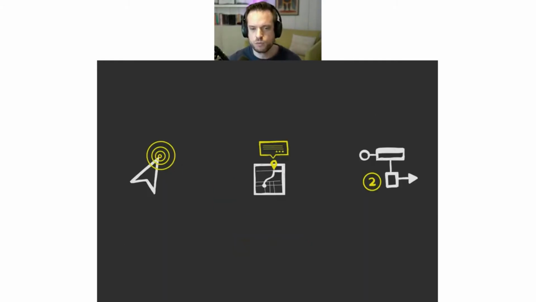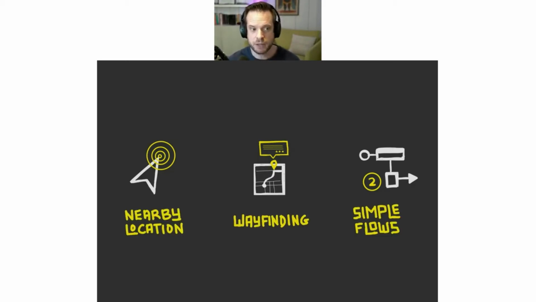So there are really three heuristics that I've come up with that I think make the Google Maps pattern a really great option for a user interface. And that is nearby location. If your application is very location specific and has context around where you are in space and time, then the Google Maps pattern is probably a good choice for a starting point.